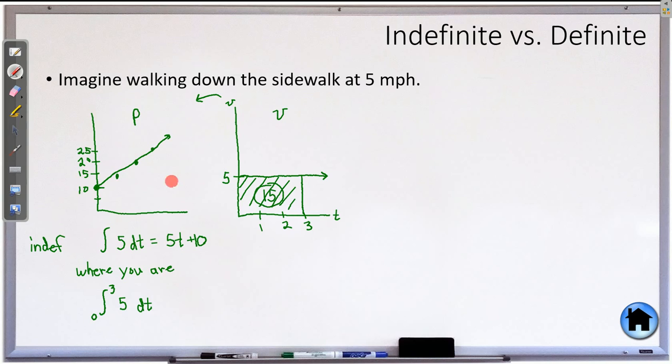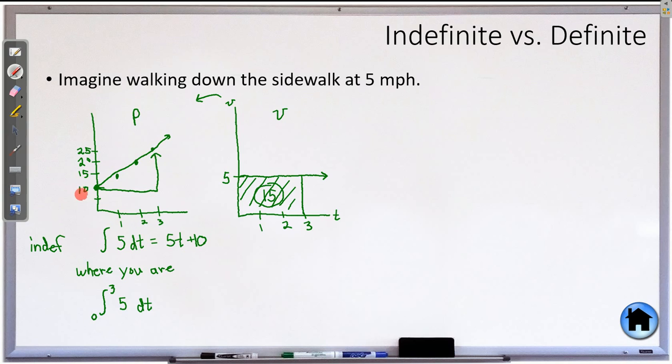Does that have anything to do with this over here? Yes, there's a 15 here, but that doesn't seem to have much to do with what we're doing here. Let me put in the time. 1, 2, 3. You don't see the number 15 until you take a look at how far we went in those 3 hours.